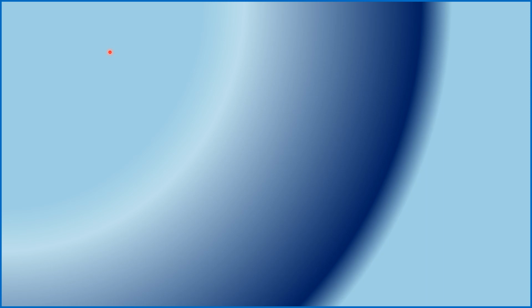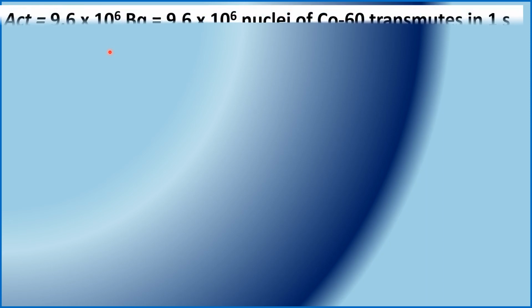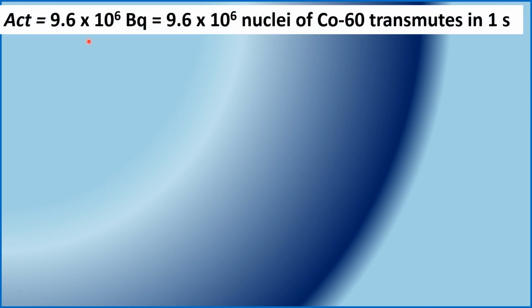Moving on, an activity of 9.6 times 10 to the 6th becquerel simply means that 9.6 times 10 to the 6 nuclei of cobalt-60 transmute in a time of 1 second.